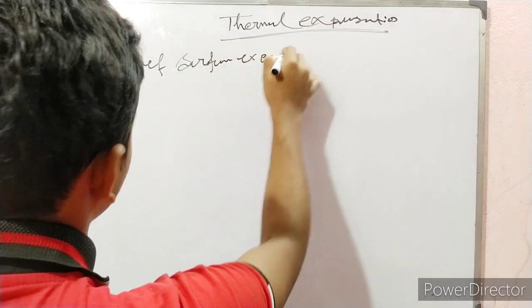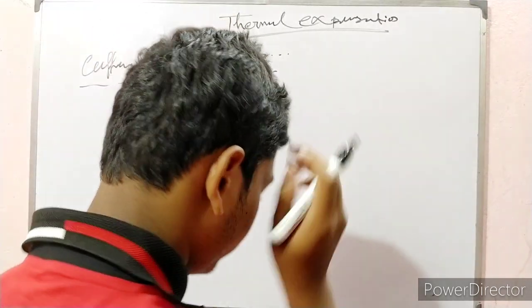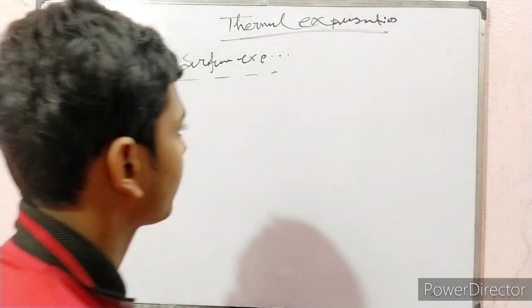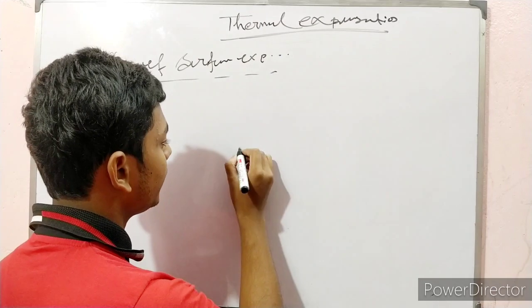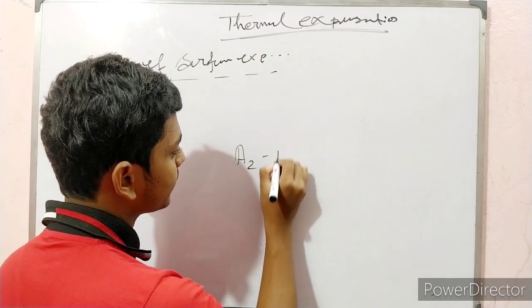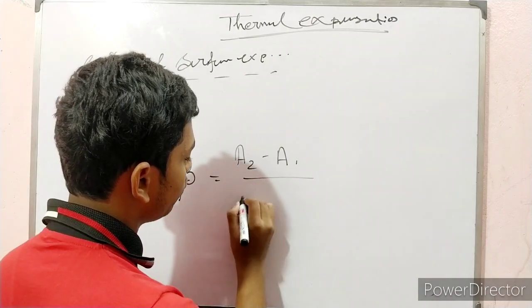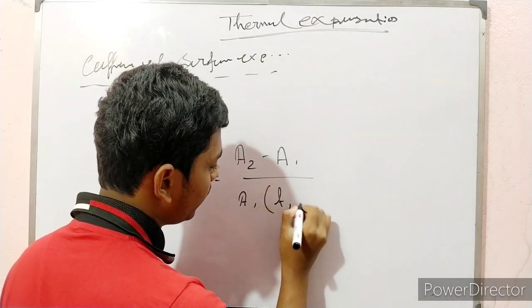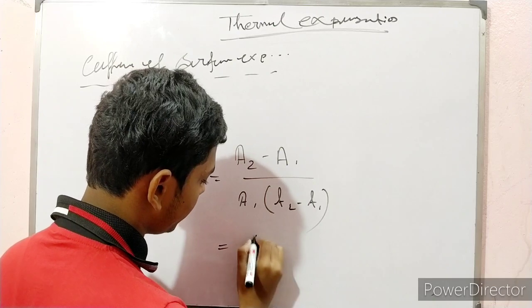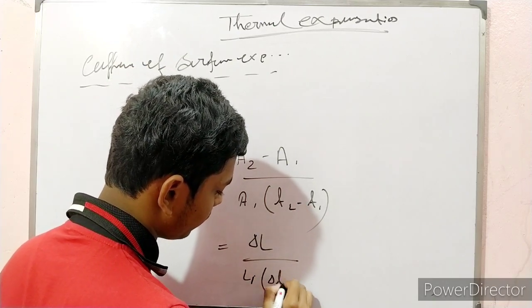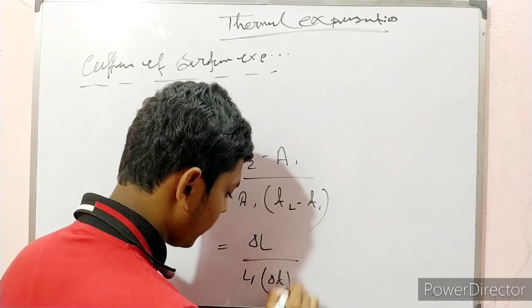Same thing we are going to do here. Beta equals A2 minus A1 by A1 into T2 minus T1, that is change in area by the initial area into the change of temperature.